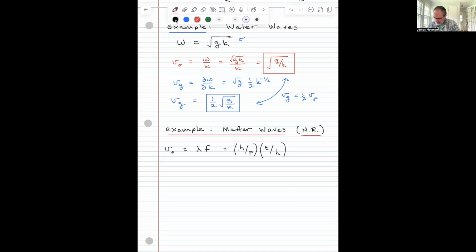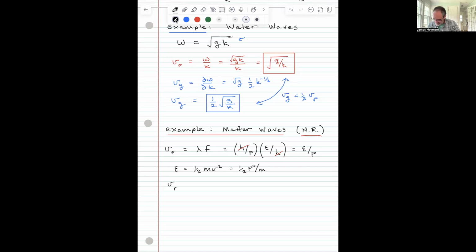Canceling out the factors of Planck's constant, we have energy over momentum. In the non-relativistic limit, the kinetic energy is 1/2 mv squared, or 1/2 p squared over m.